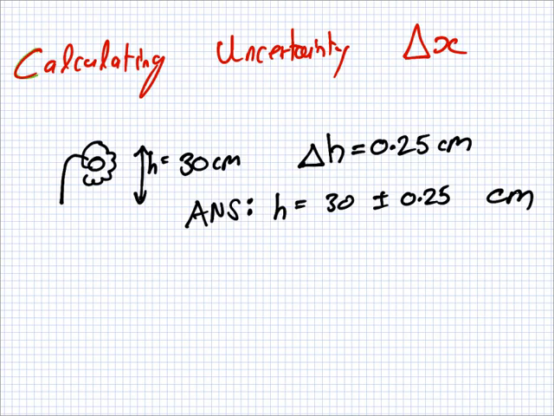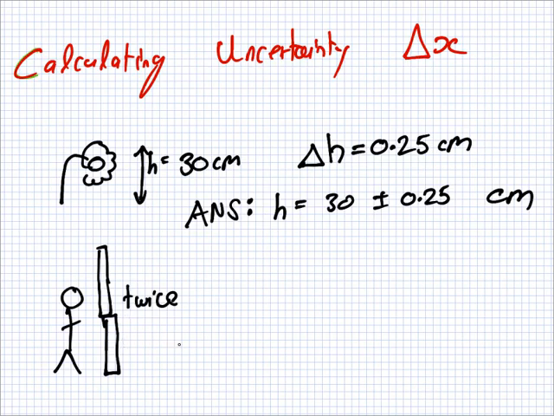Now, what happens when you try to measure a person is you have to use the meter stick twice. So the first time you measure, you'll get something like 1 meter, plus or minus 0.25 meters.